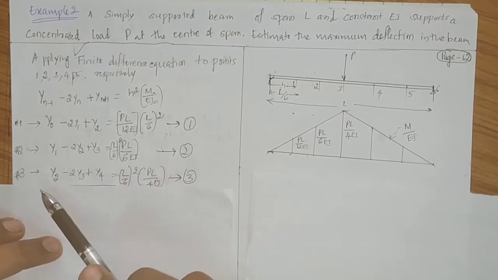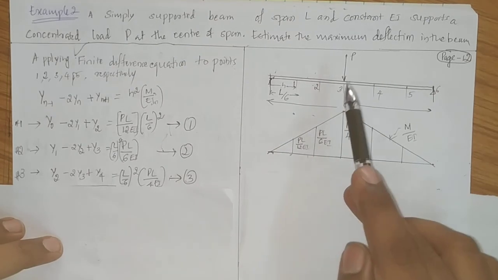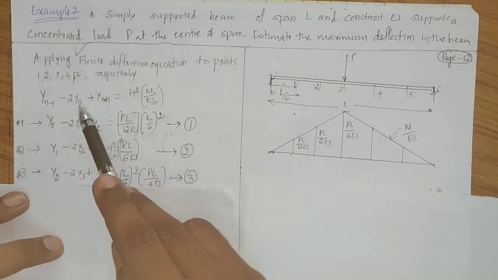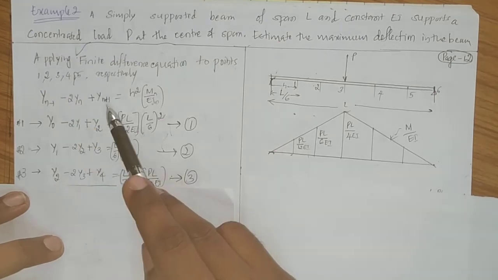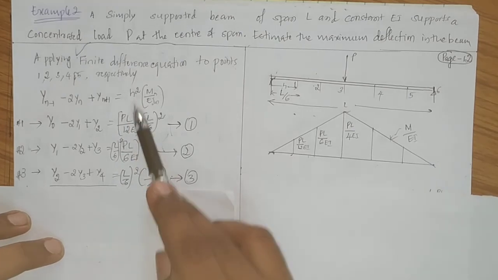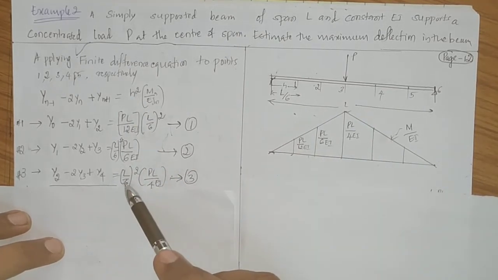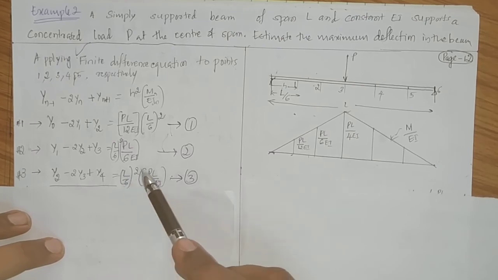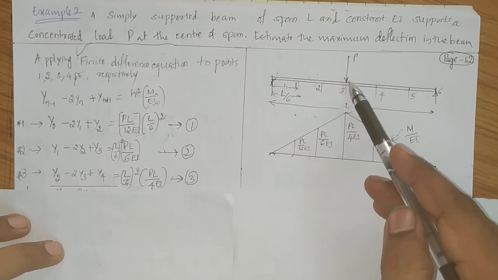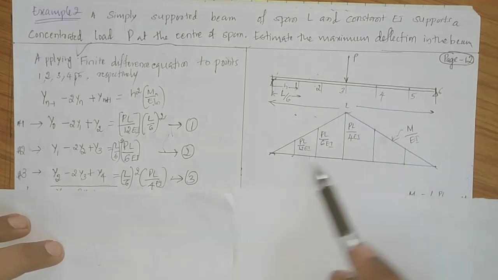Next, point number 3. At point number 3, 3 minus 1 is 2, so y2 minus 2y3, and 3 plus 1 is 4, plus y4, which is equal to h, nothing but L by 6, because there are 6 parts, the whole square, and the maximum moment at point number 3, M3, is equal to PL by 4 EI.